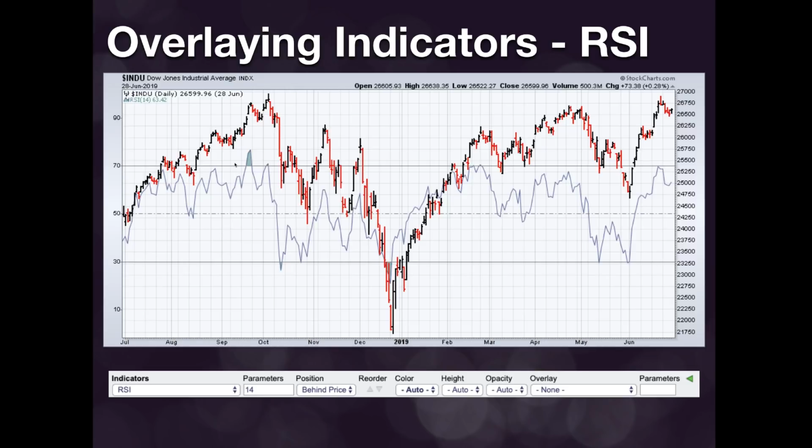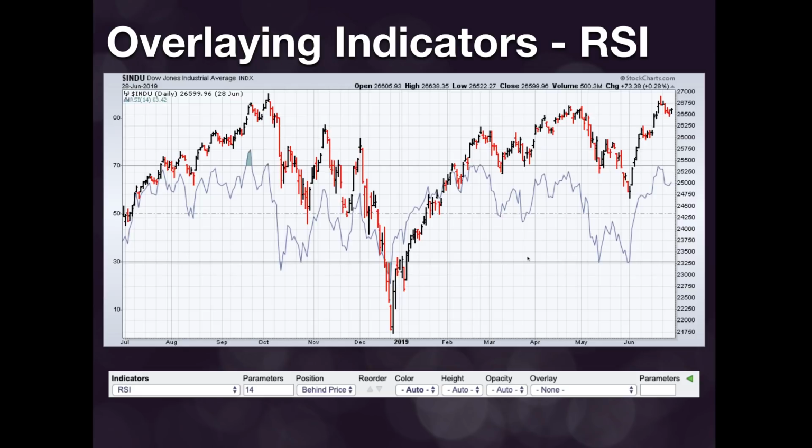And so, as you can see, we've got the RSI plotted in the exact same pixel area that we have the price bars. Now, that doesn't make a whole lot of sense typically because RSI is on a different vertical scale. RSI, by definition, goes between 0 and 100. It's a very popular technical indicator. Look it up in chart school if you're not familiar with it.